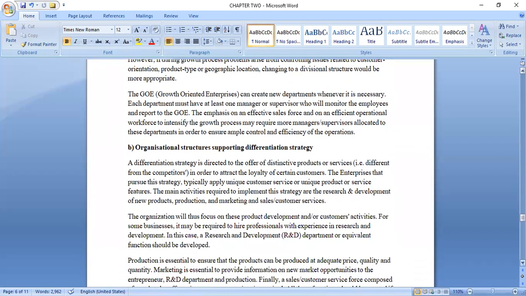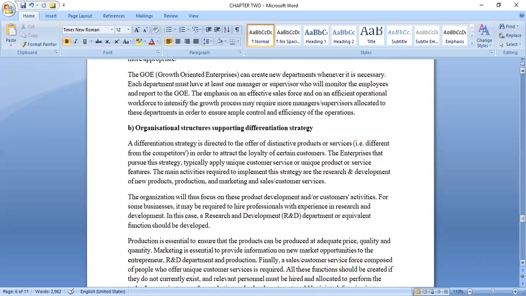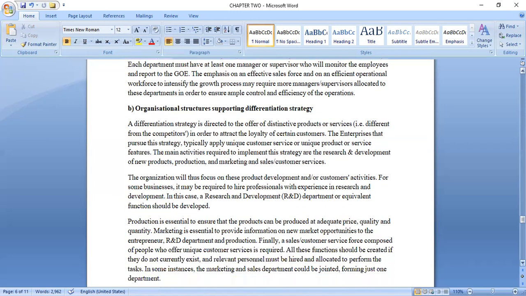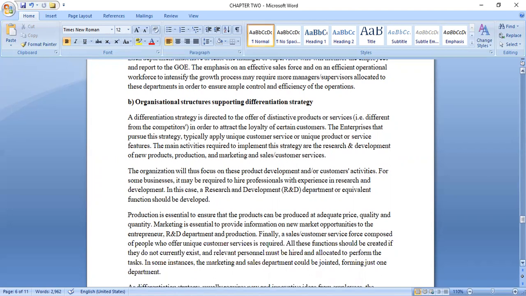Then there are those organizations that have a strategy of supporting what we call the depreciation strategy. Here we are looking at organizations that aim at depreciating their products and services from their competitors, of course, in order to capture the market.